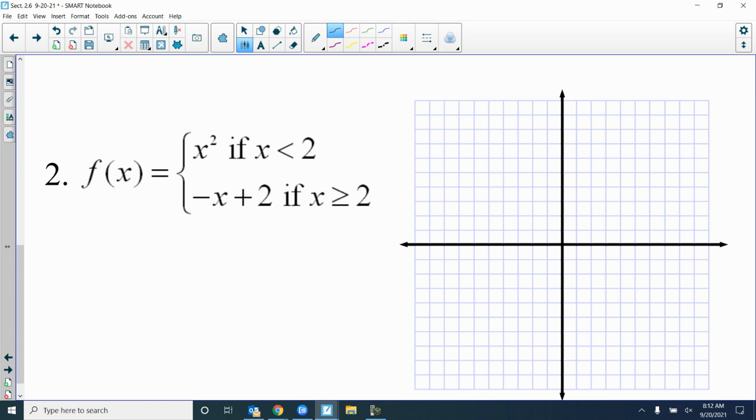Our transition point is not 0, but it is 2. That's where things will change. So to the left of 2 will be one graph. To the right of 2 will be a second graph. So we have to graph those independently. So for the first one, f of x equals x squared. That is for x is less than 2.